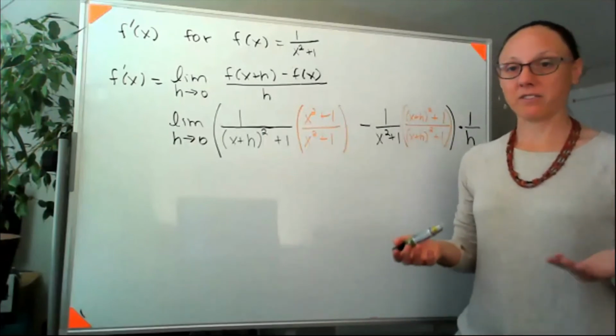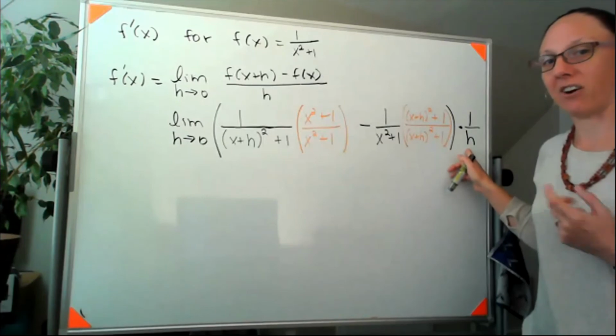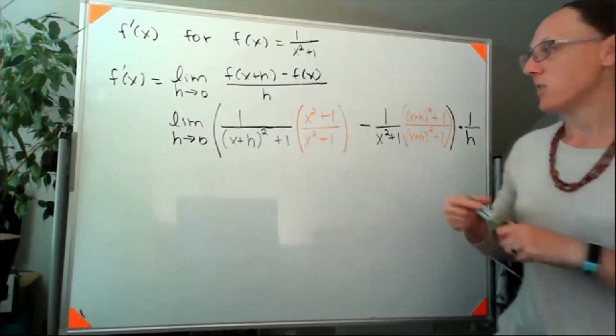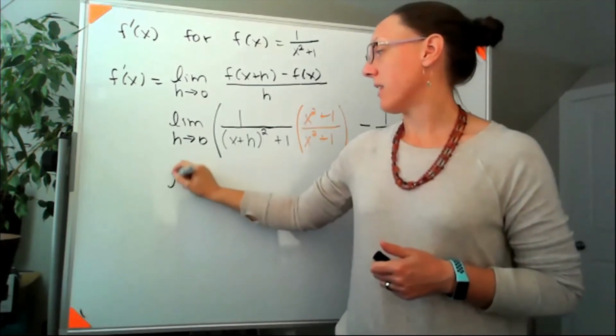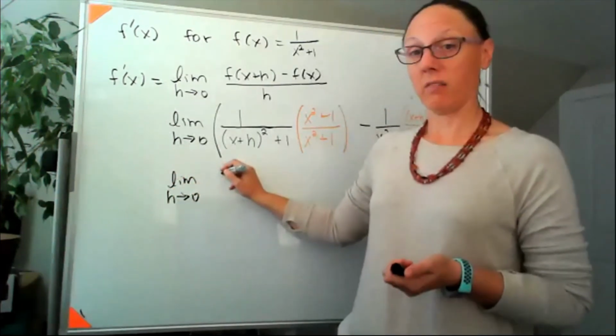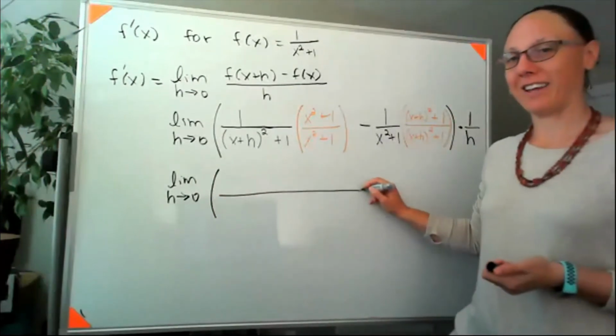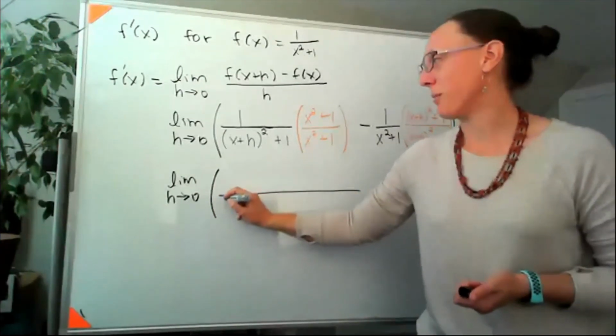The only thing we have to deal with in this limit is to make sure that the h that was in the denominator cancels out. So I'm just going to leave that denominator of this big old fraction ugly, or at least messy. Maybe it's not ugly, but it's going to be messy.